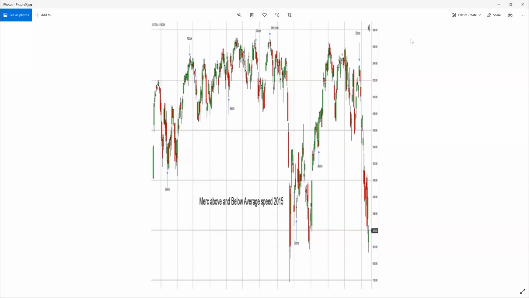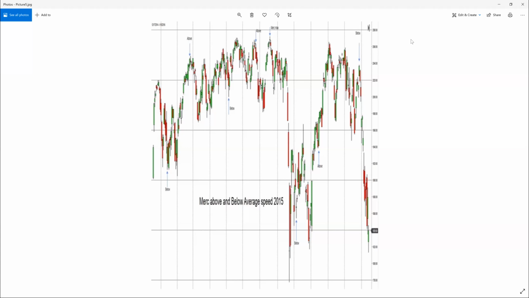Okay, in the next chart, we're going to take a look at Mercury planetary speed changes. There's a lot more to planetary speed than just retrograde and direct, where the planet appears to be stopping and changing direction.